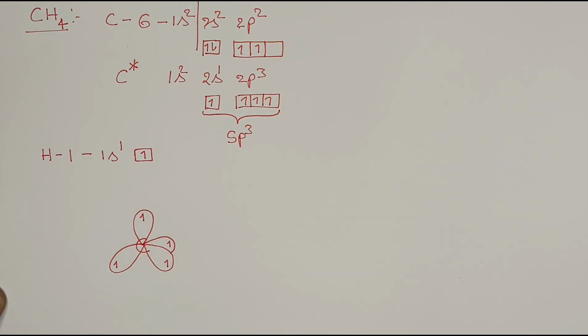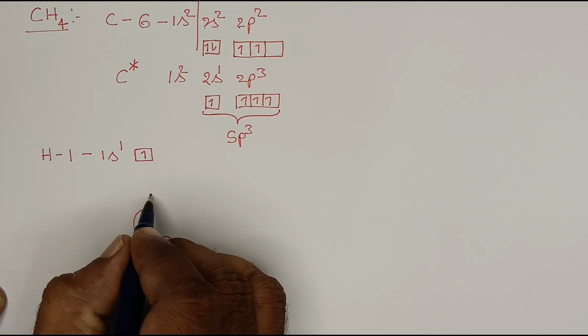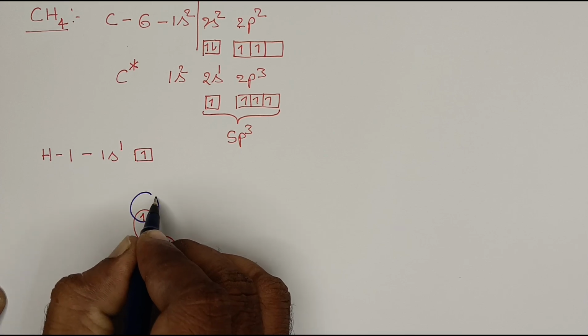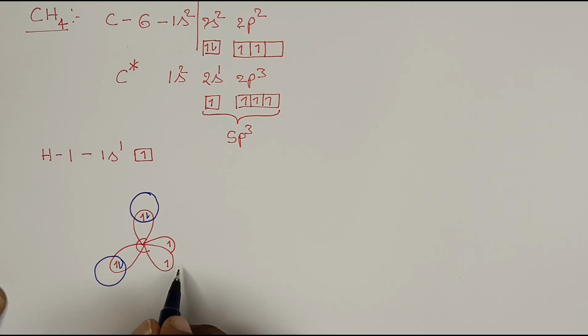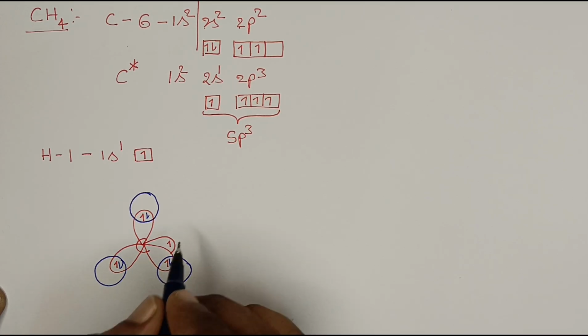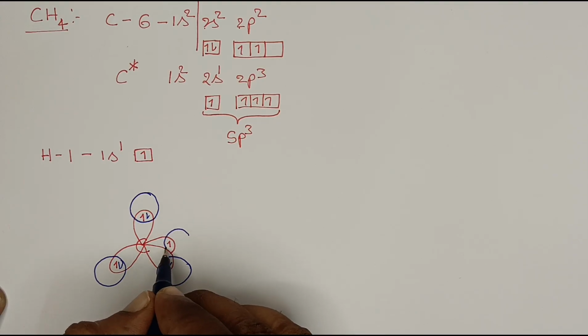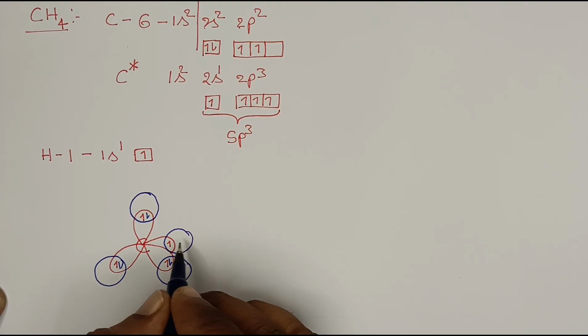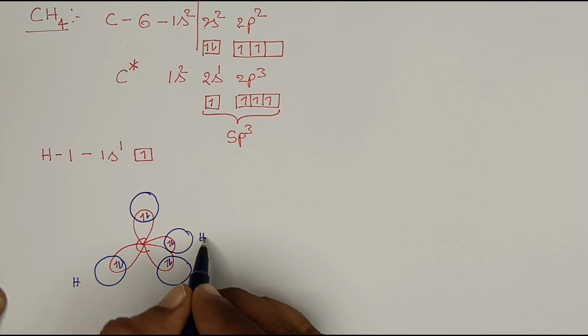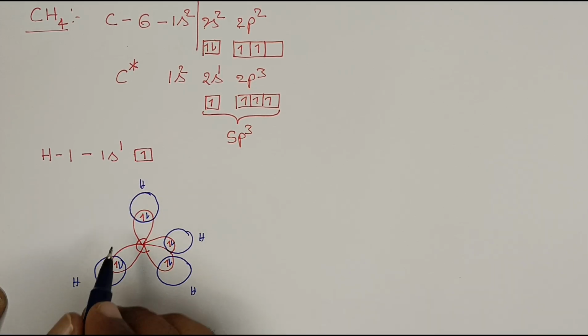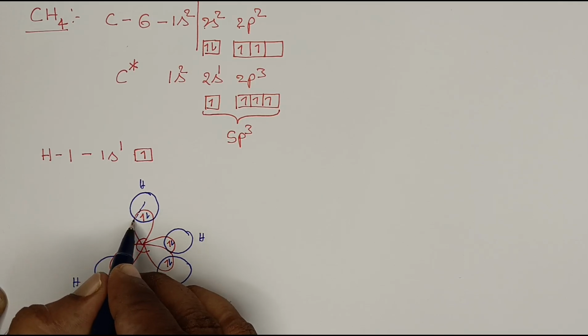Hydrogen s orbital is like this with 1 electron. This is another hydrogen s orbital with 1 electron, another, and another. So hydrogen, hydrogen, hydrogen, hydrogen. The shape of the molecule will be like this.